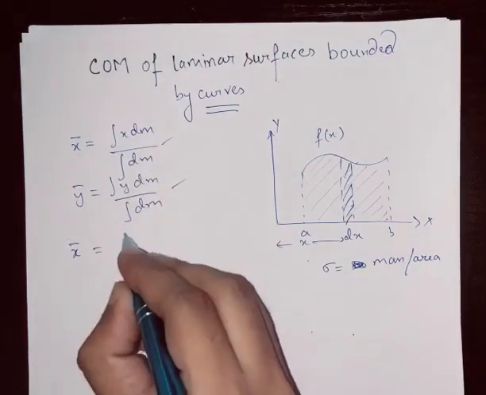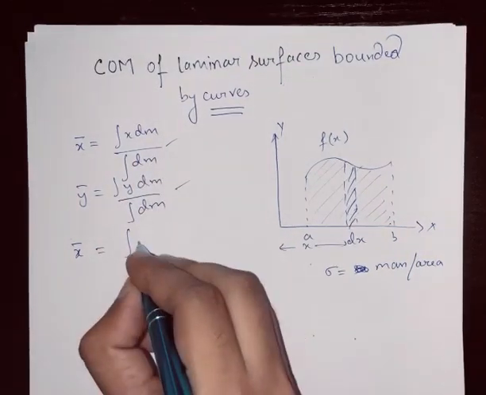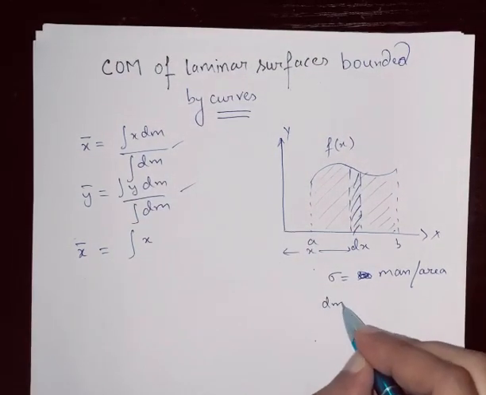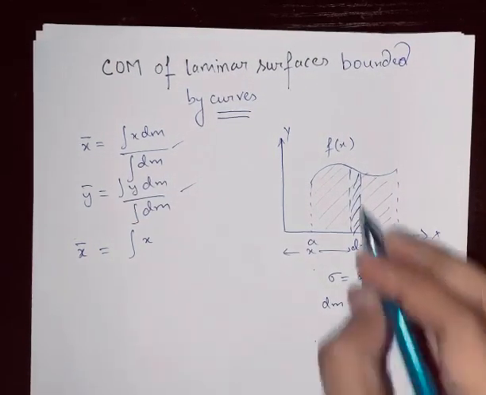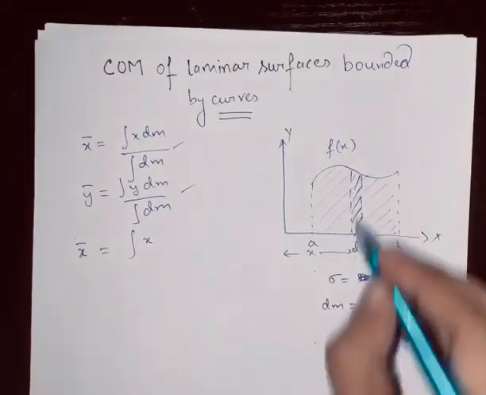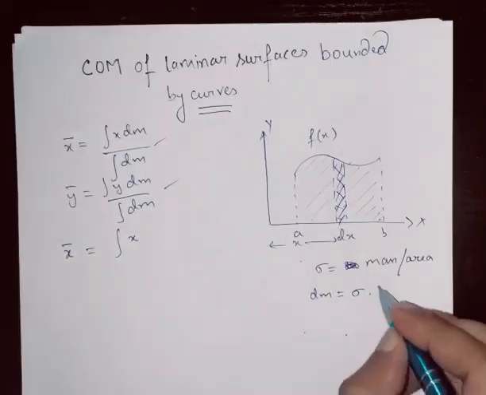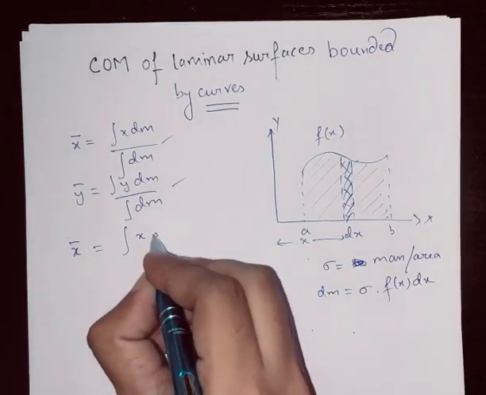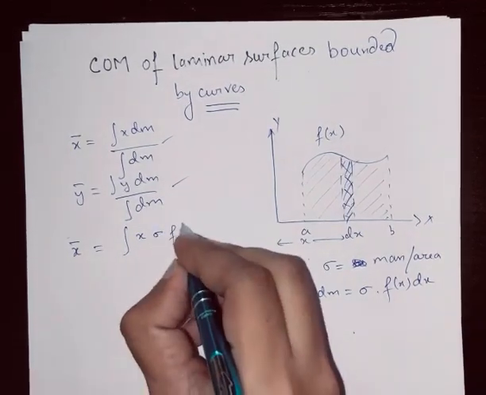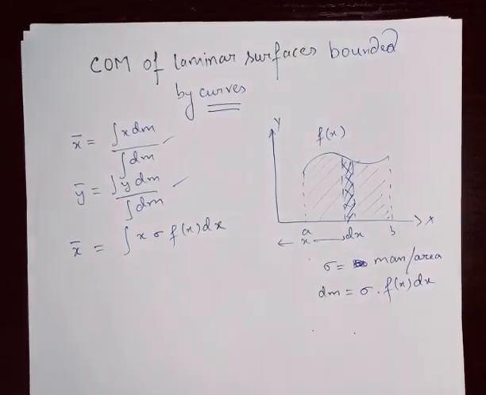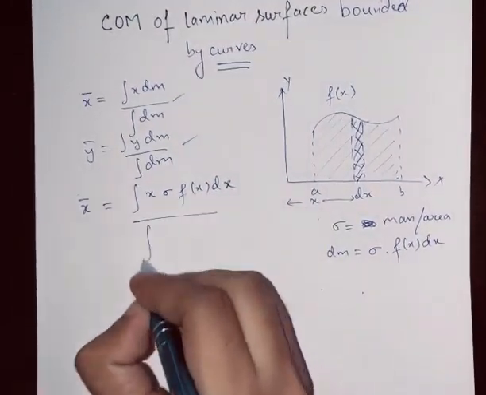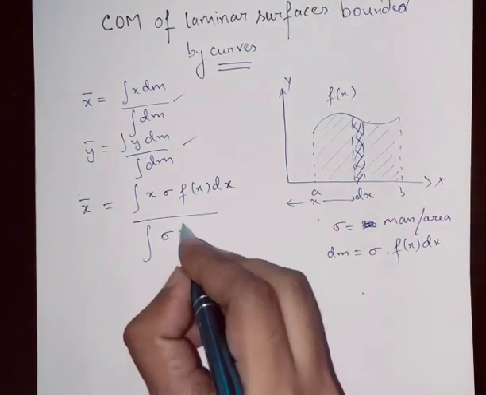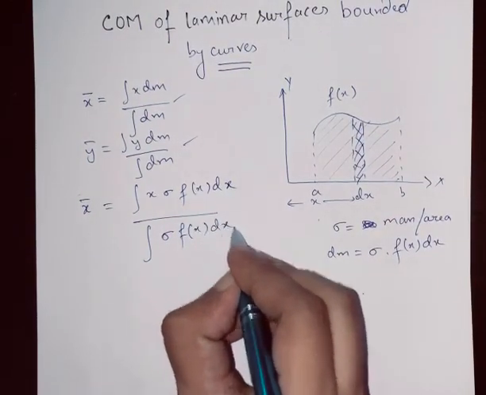If we apply this here, we need to write x into dm, where dm is sigma into the area of this strip, which is f(x) dx. So this will be the integral of sigma x f(x) dx divided by the integral of dm, which is sigma f(x) dx.